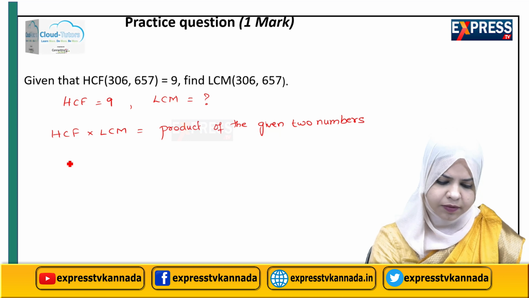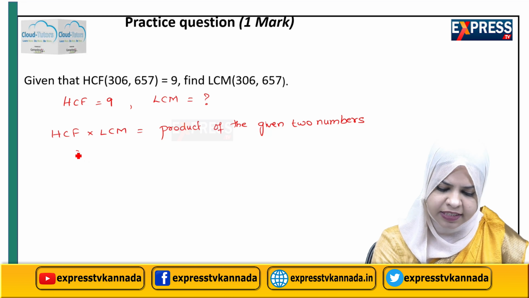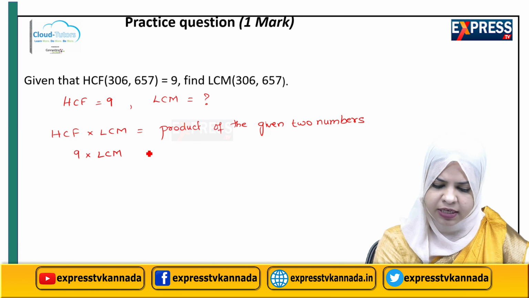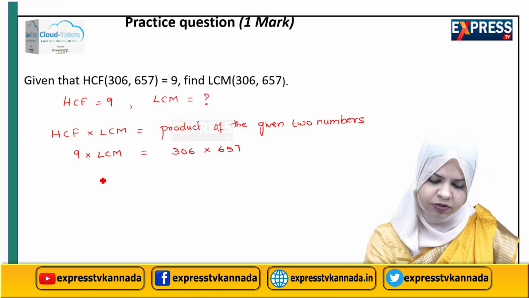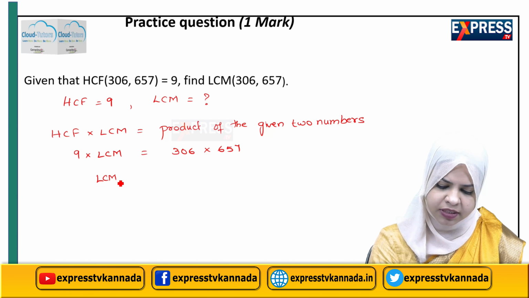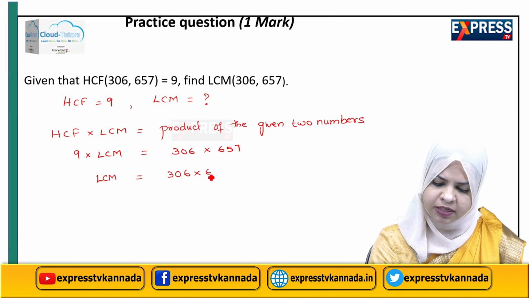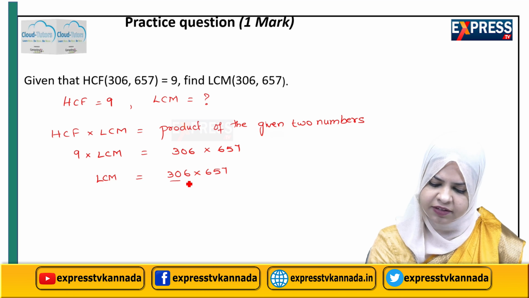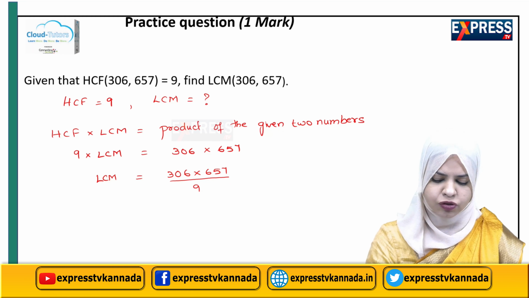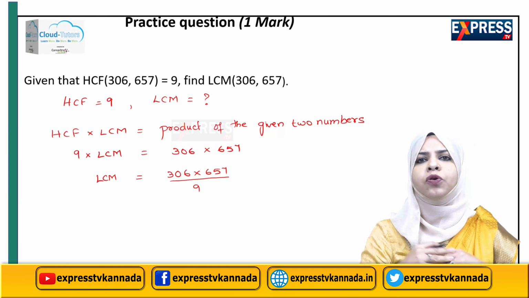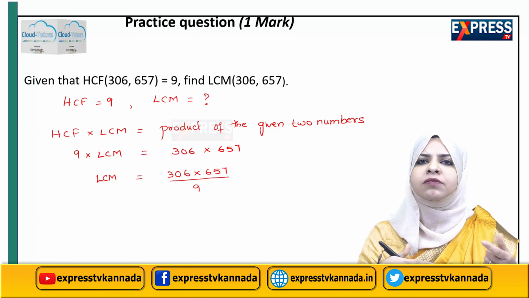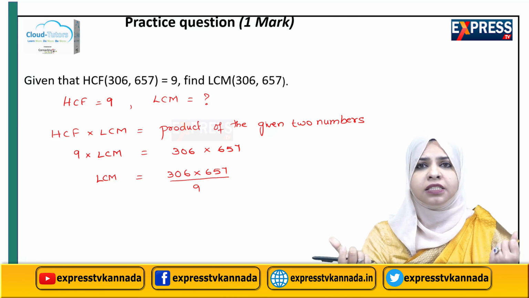Okay, now let's substitute the values. HCF is 9 into LCM, and what are the numbers? They are 306 into 657. Okay, so let's cross multiply the 9 to the other side. It becomes 306 into 657 divided by 9. So see, don't go directly to multiplying the numbers 306 and 657.